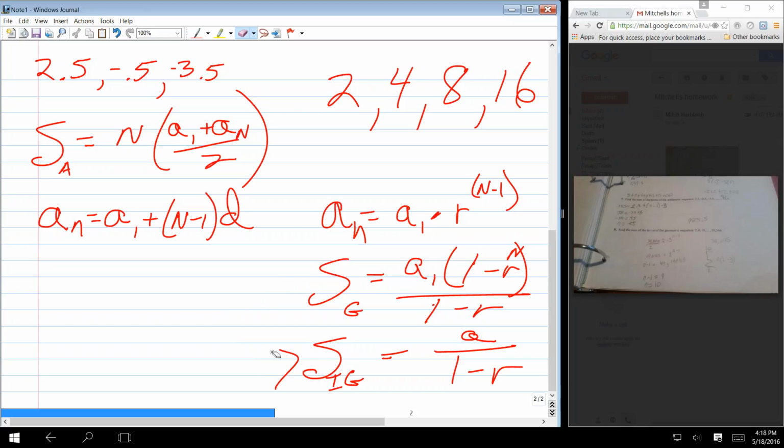Let's take the limit of that summation as n goes to infinity, because that's what an infinite series is. N goes to infinity.